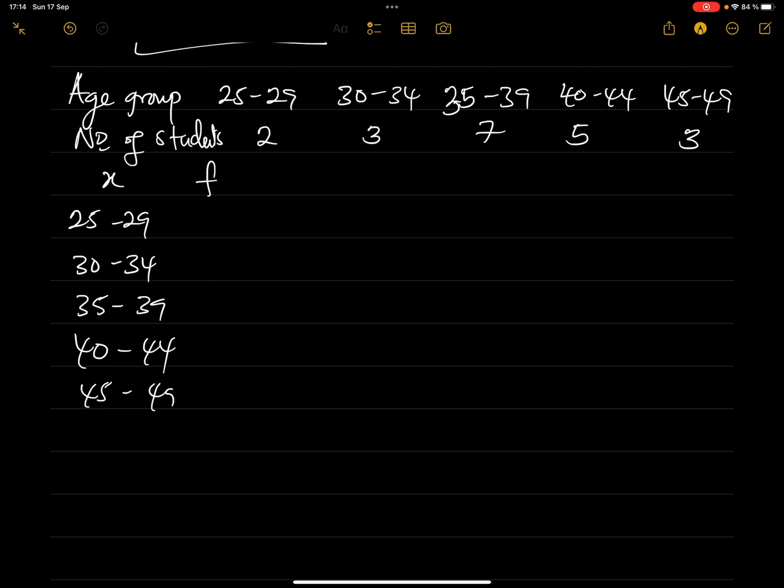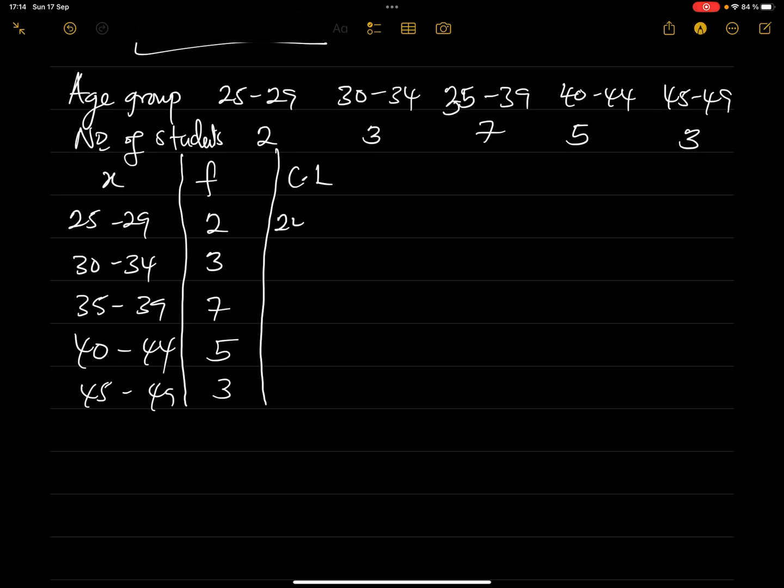Then the frequency: we have 2, 3, 7, 5, 3. But you also need the class limit. Not only the lower, you can include the upper.